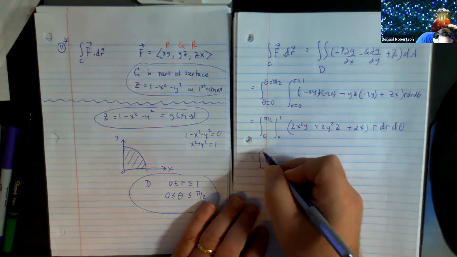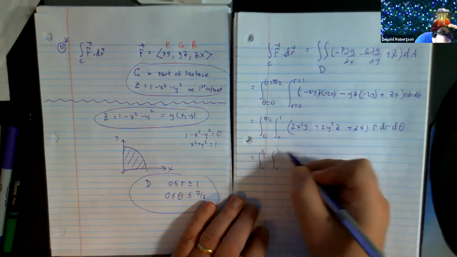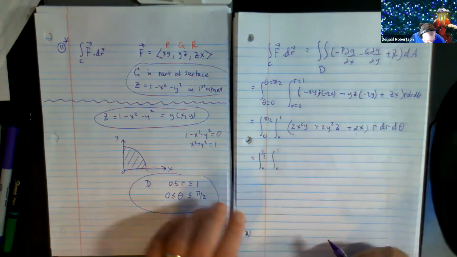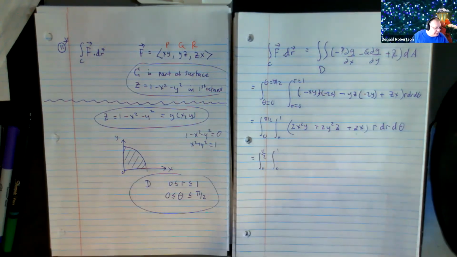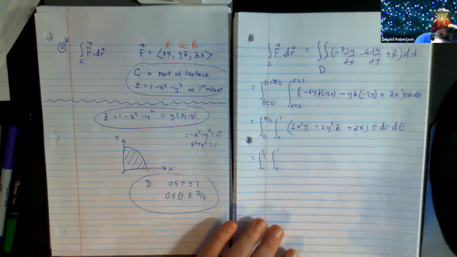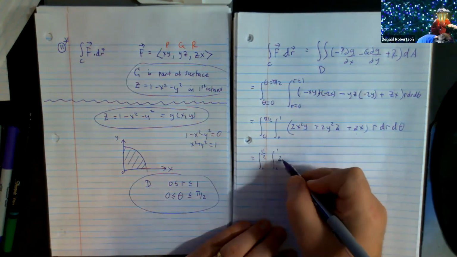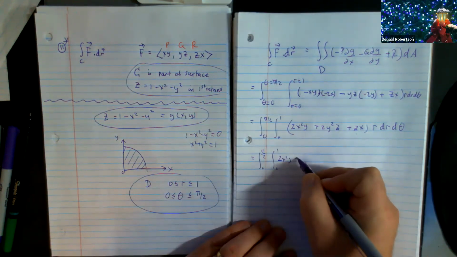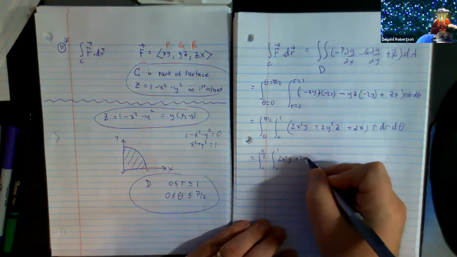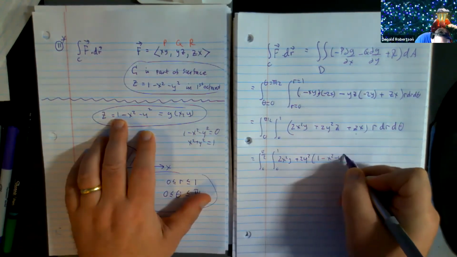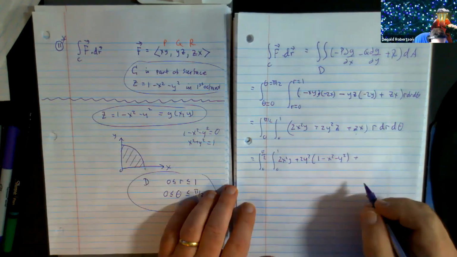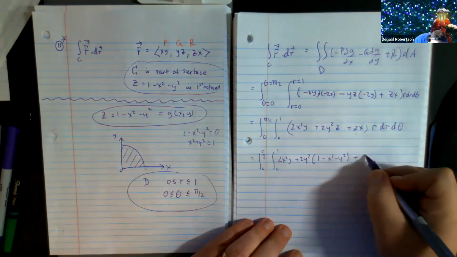What I'm going to do next is replace the z's with this, and then turn everybody into r's and thetas after that. So I have 2x squared y plus 2y squared, all of this, plus all of this times x.